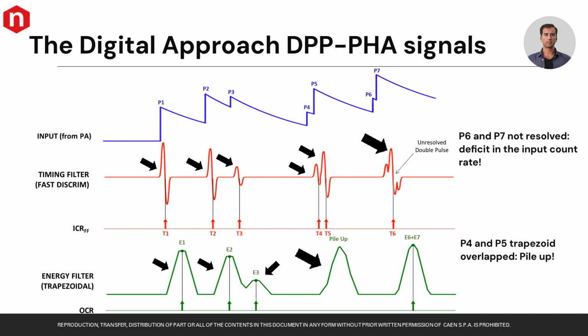In the case of P6 and P7, since the fast filter does not discriminate them and perceives them as a single pulse, the energy filter considers them as a single trapezoid with an amplitude equal to the sum of the two overlapping trapezoids. In the energy spectrum, these events contribute to the sum peaks.